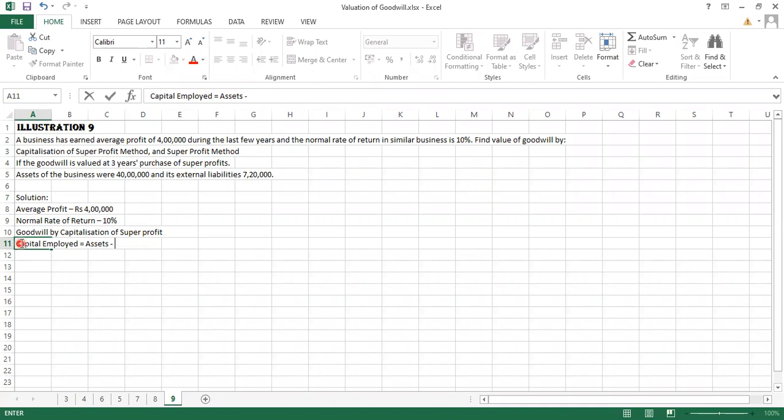Better you use the words that have been used here, only those words we will be using. Assets are 40 lakh, minus 7,20,000. So this is equal to 32 lakh.